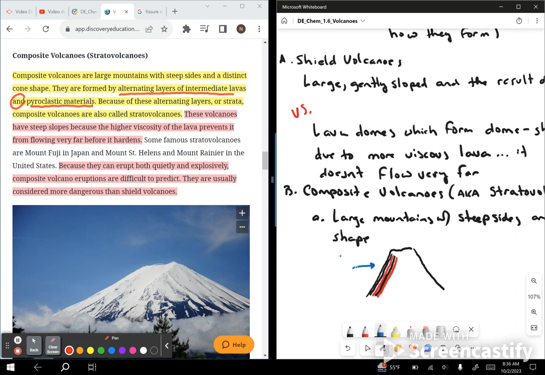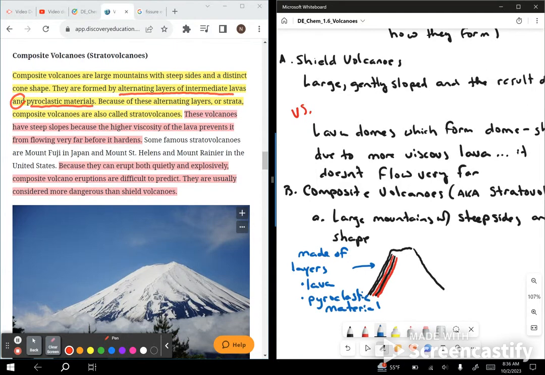We'll say here, made of layers. Lava and pyroclastic material. And you remember what pyroclastic material is, right? It's going to be ash and dust, right?